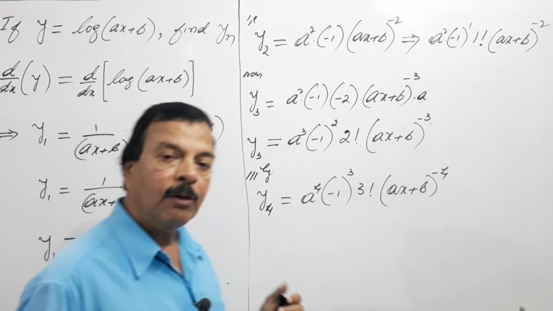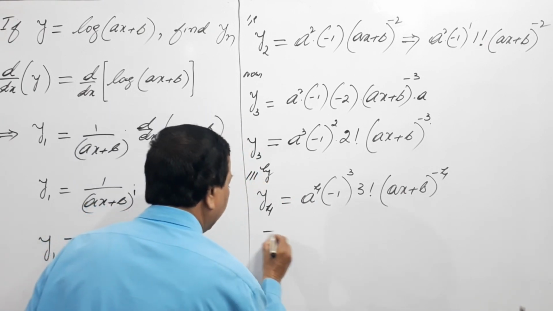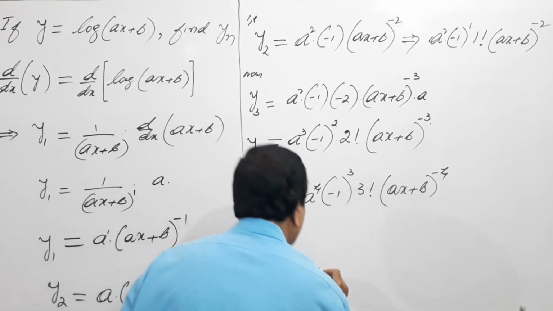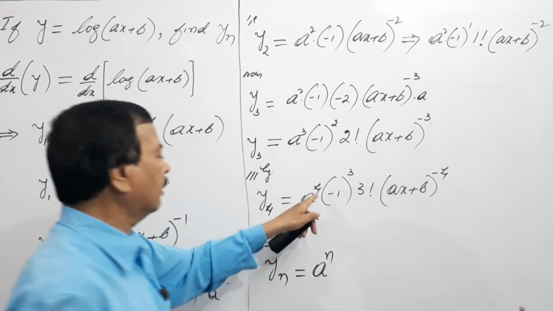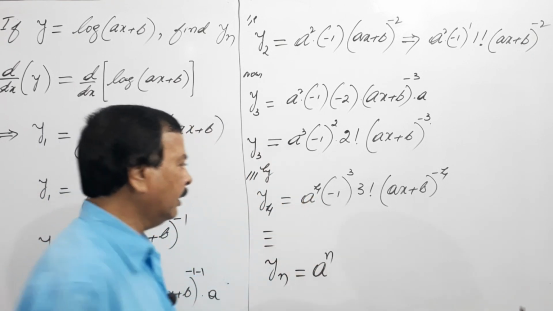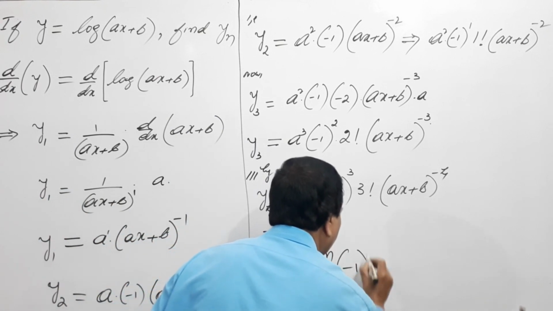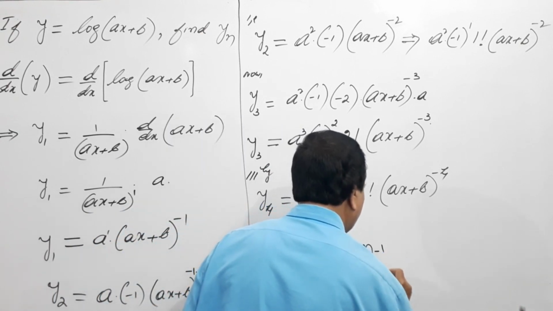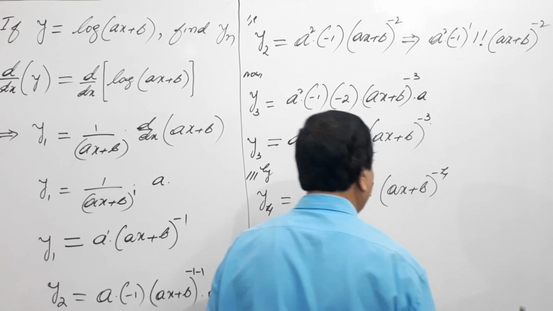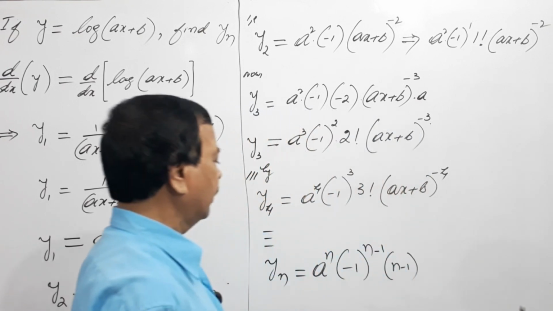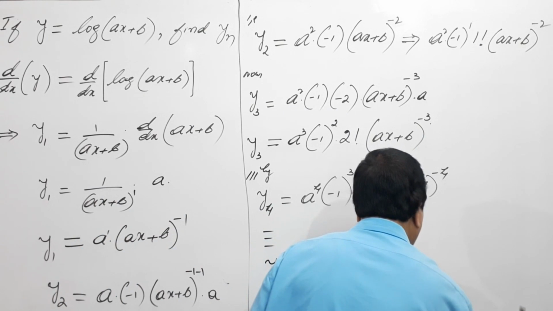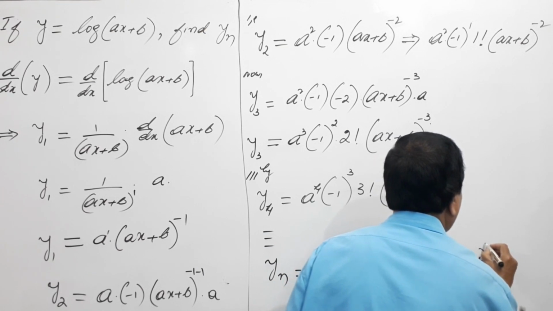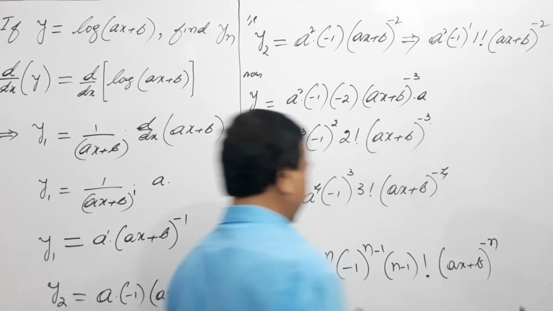What will be the value of yn? If you derive this so on, finally, can I write it like this? a to the power of n, instead of 4, because of yn, you will get a to the power of n into minus 1 to the power of n minus 1 into n minus 1 factorial into ax plus b to the power of minus n.